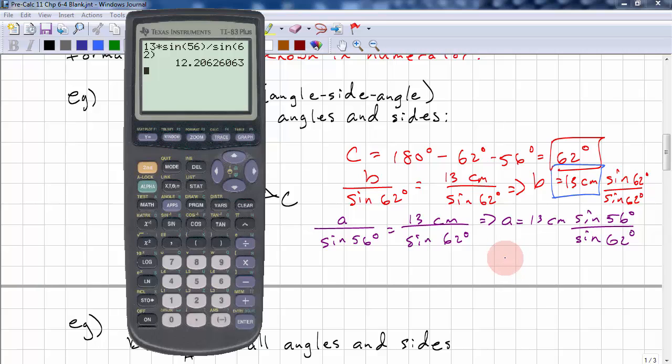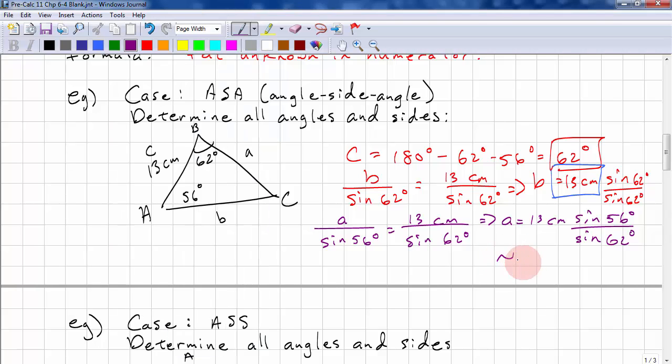And this is approximately 12.2 centimeters. Okay, so this is angle, side, angle. If we have angle, angle, side, we can go ahead and use the sine law without doing this calculation. But if you need all sides, you should do this calculation anyways.